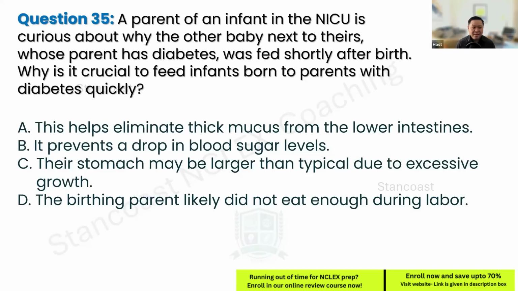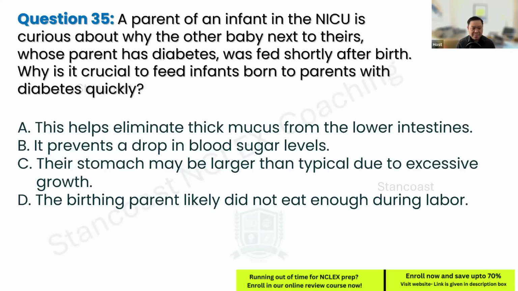35. A parent of an infant in the NICU is curious about why the other baby next to theirs, whose parent has diabetes, was fed shortly after birth. Why is it critical to feed infants born to parents with diabetes quickly?